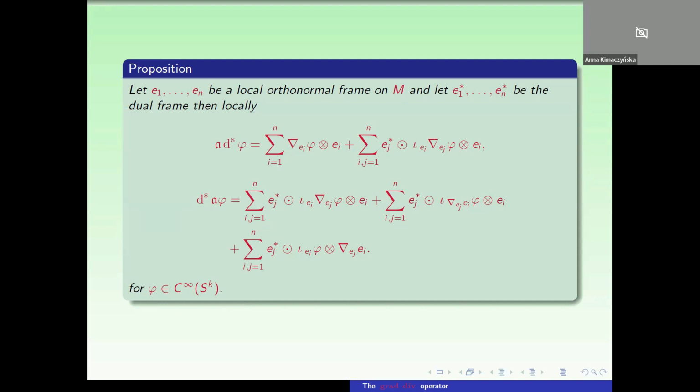And dsa phi is the sum from 1 to n of e_j star times i_{e_i} nabla e_j phi times e_i plus the sum of e_j star times i nabla e_j e_i phi times e_i plus the sum of e_j star times i e_i phi times nabla e_j e_i, for phi from C infinity of S^k.